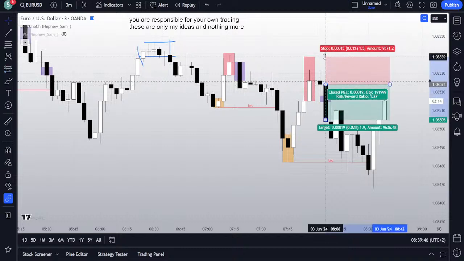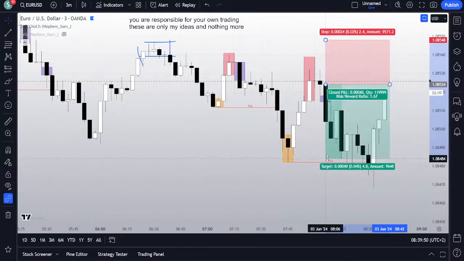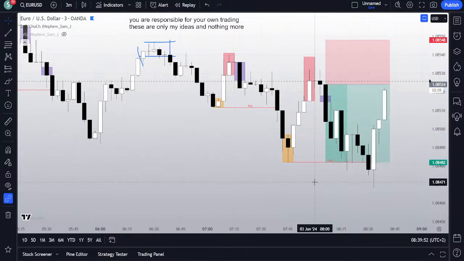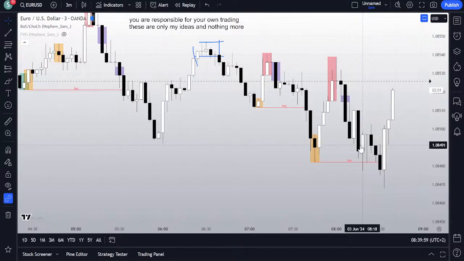This is the high, this next one, some spread, something like this. And now it looks like, yeah, this created a lower level, there's even more power here.